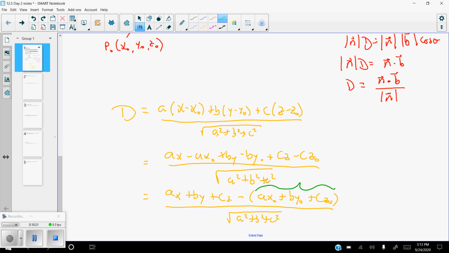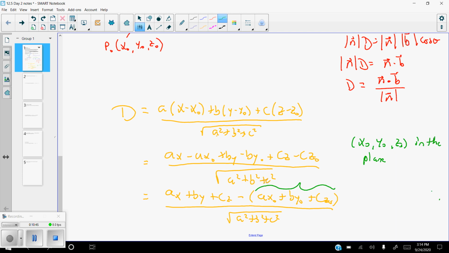The only difference is we plugged in x naught, y naught, and z naught. So again, the general idea here is that x naught, y naught, and z naught is a point in the plane. That's the one we kind of started off with up at the top, p sub 0.